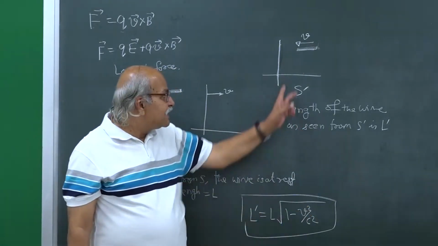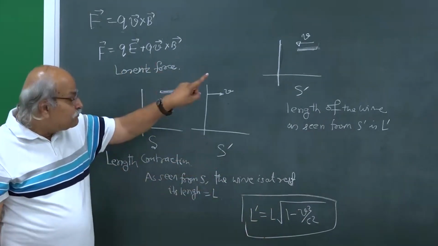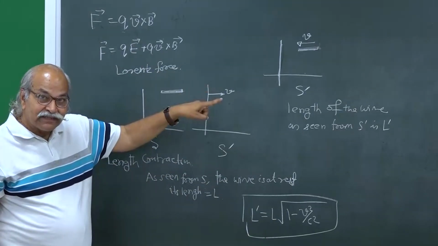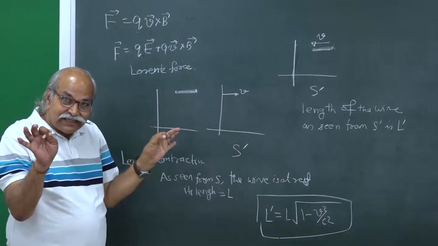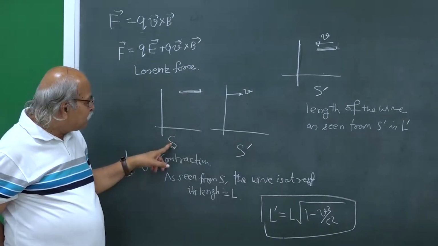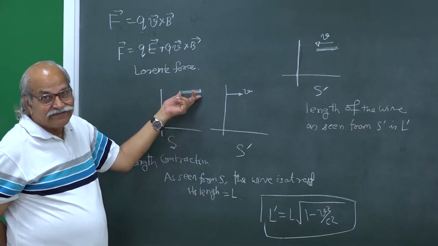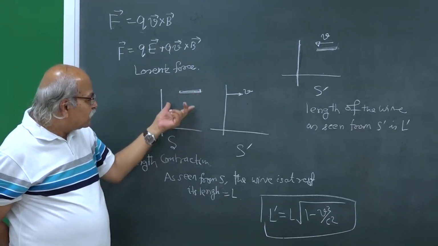L prime is the length, and what is this L? L is that same wire, the same object, the same length, measured with respect to a frame in which that wire is at rest. We can call it the rest frame.